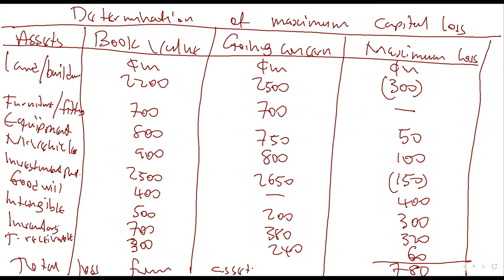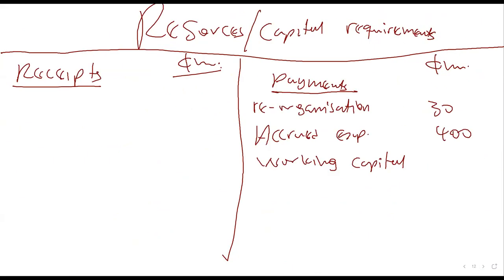So we are picking for inventory and receivable, these two figures. 380 and 240.